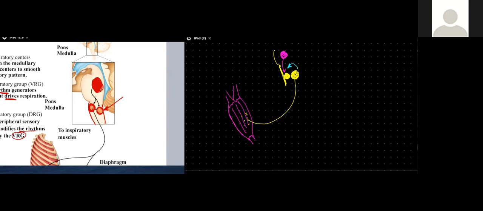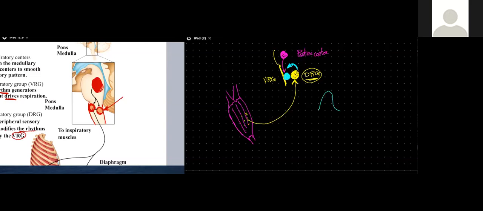We've got the pontine center, the ventral respiratory group, and the dorsal respiratory group, which receives the signal from the peripheral receptors, and according to which you're going to be either increasing or reducing the rate of breathing. The function of the dorsal respiratory group, again, is to regulate the pattern of breathing that is generated from my ventral respiratory group.